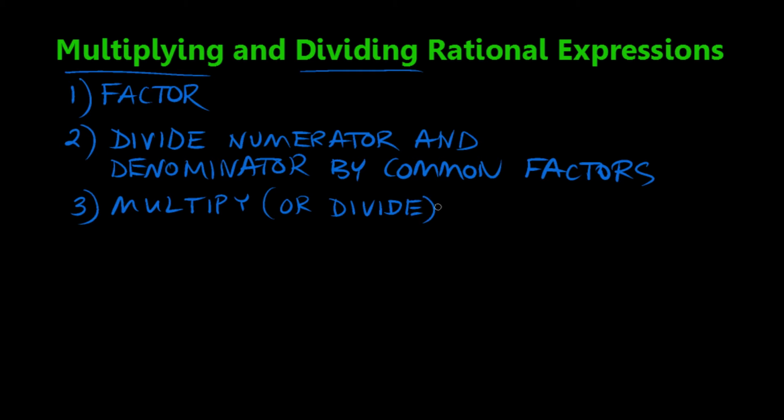And then the fourth, you want to write any restrictions for the domain. So again, it's a four-step process: factor, divide or cancel, multiply or divide depending upon your problem, and then list any restrictions for the domain.